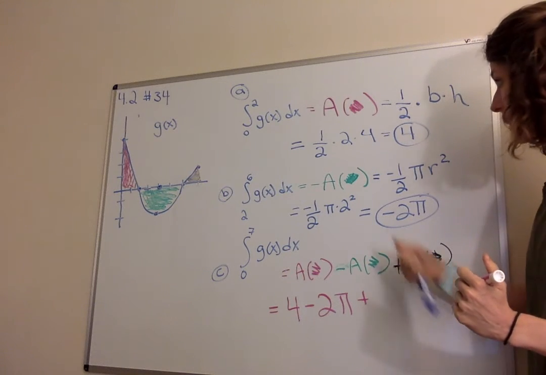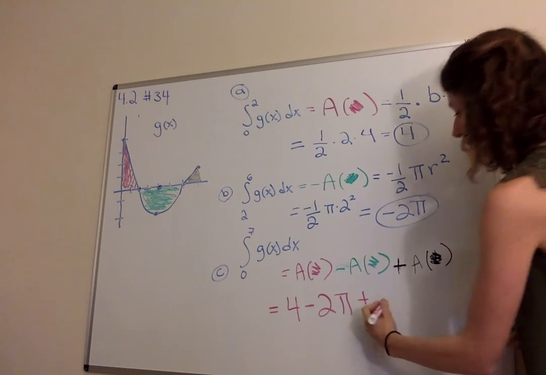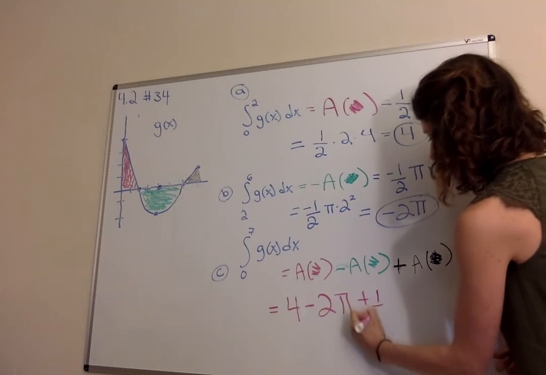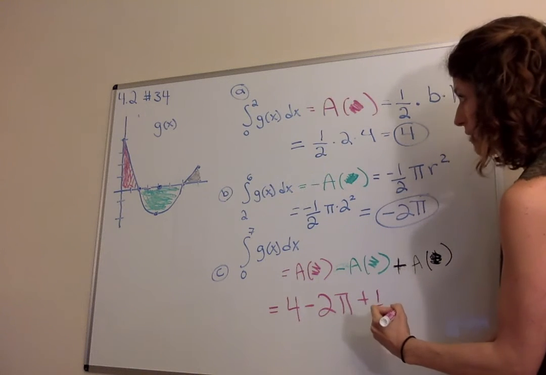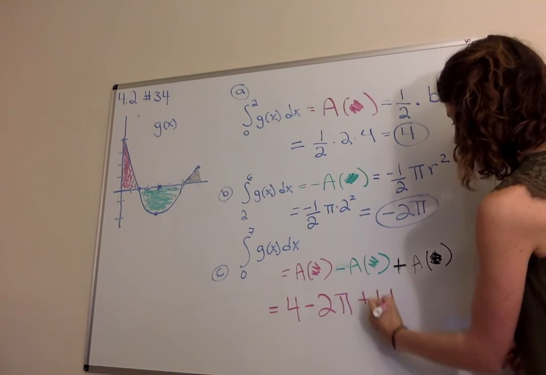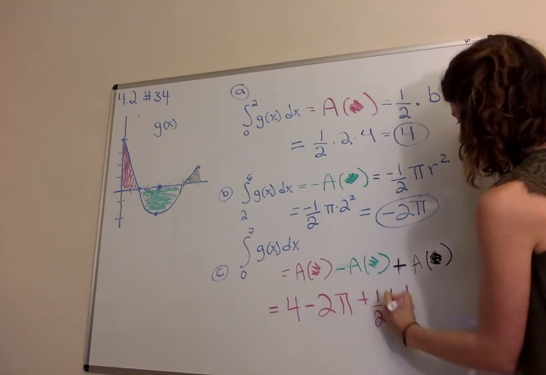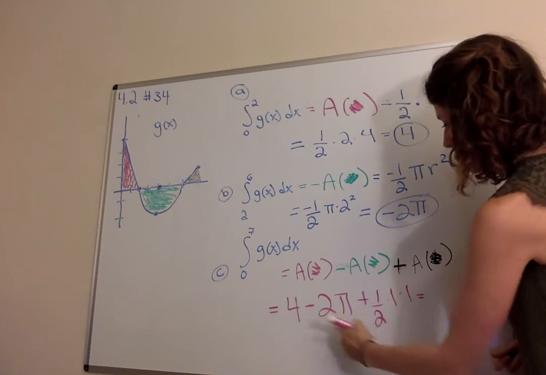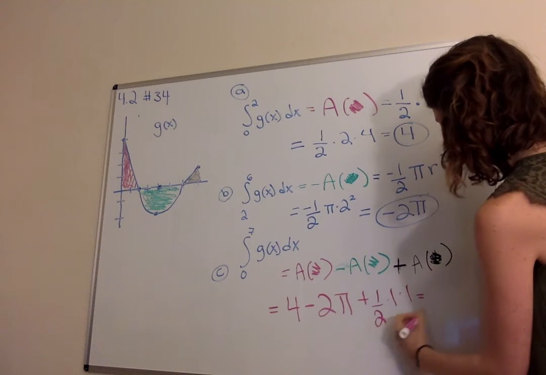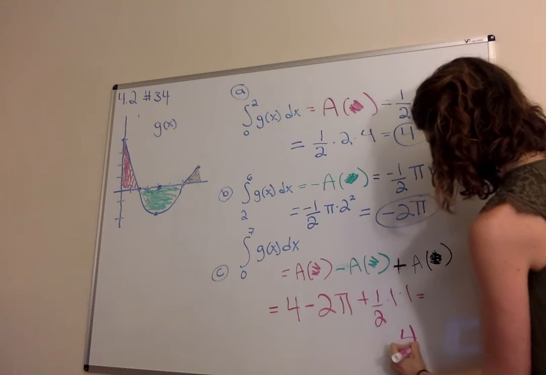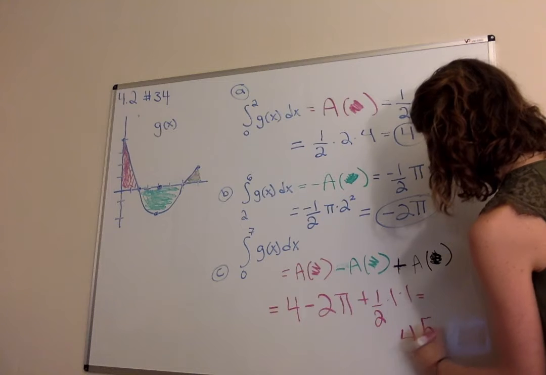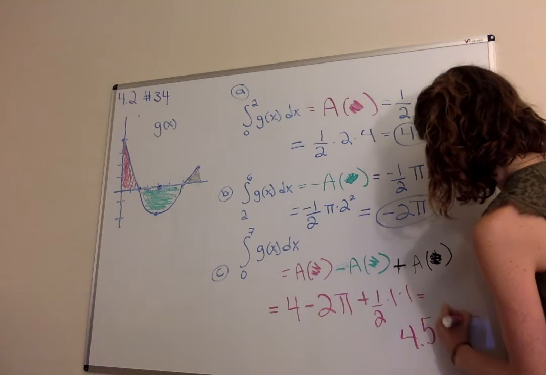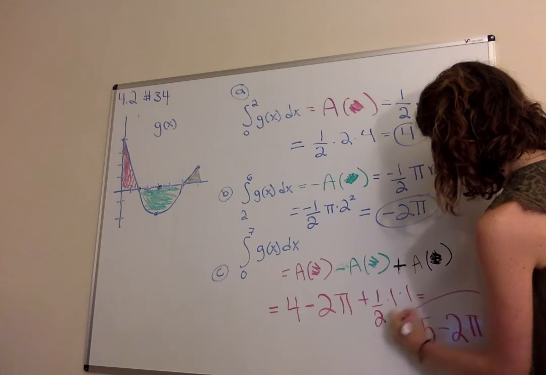The black area corresponds to the area of a triangle, which is 1/2 base times height. Here the base is 1 and the height is 1. So I end up with 4 plus 1/2 minus 2 pi. You write that as 4.5 minus 2 pi.